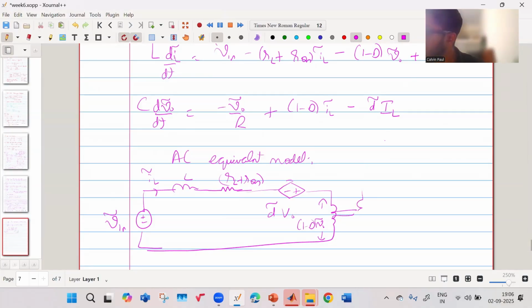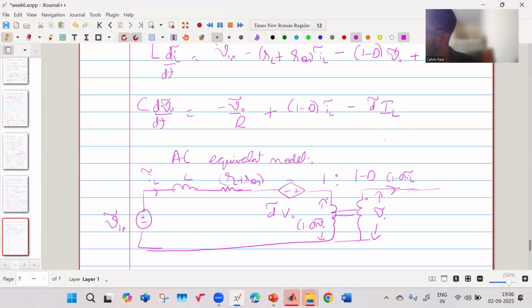And we consider a DC transformer. This is your V_0 perturb, right? And this ratio is 1 to 1 minus D. So this current is actually your (1 minus D) into I_L perturb.